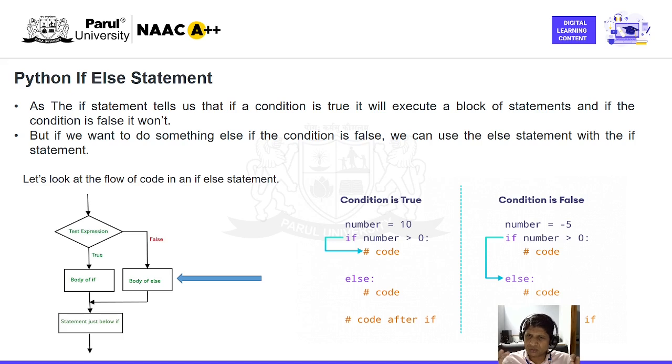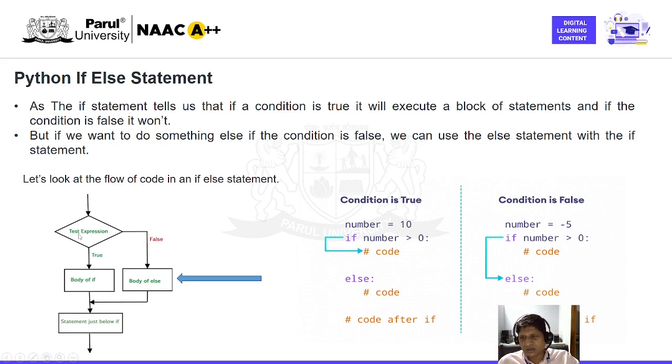If the output is true, then the if block executes. If false, then the else block. You can observe the flowchart diagram closely. In the plain if flow diagram, there is no treatment for the false output.